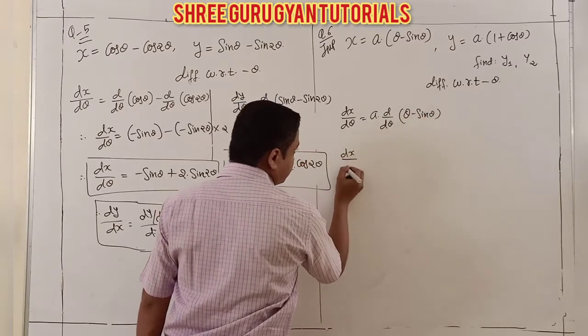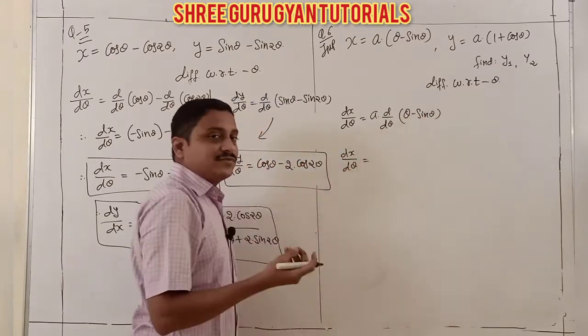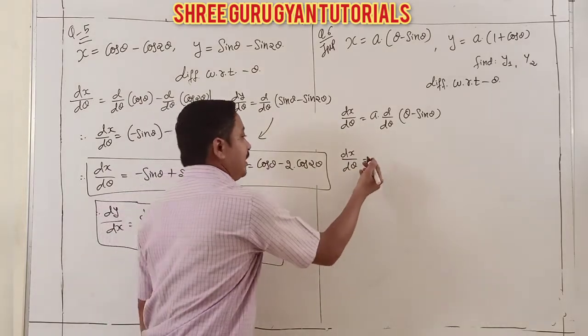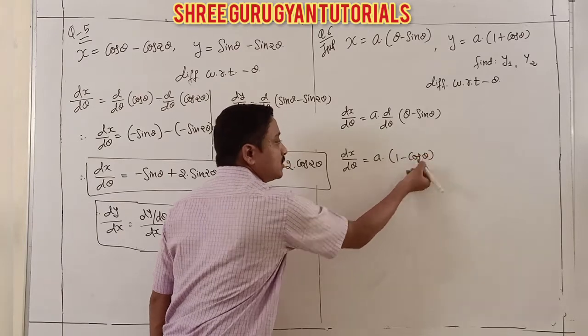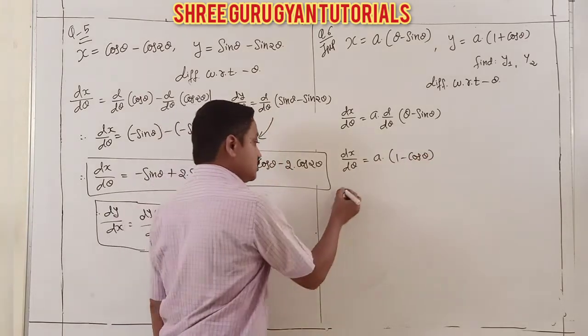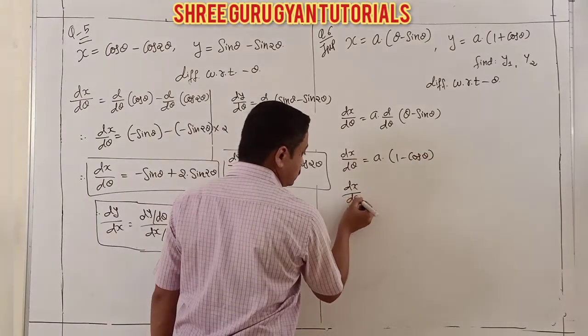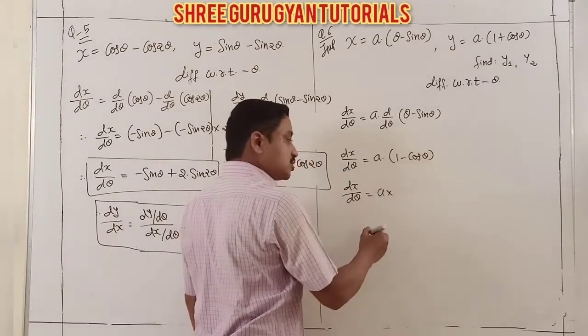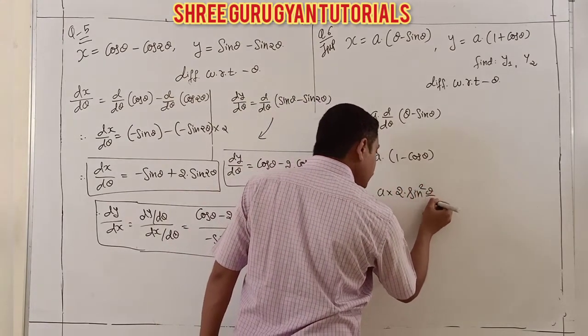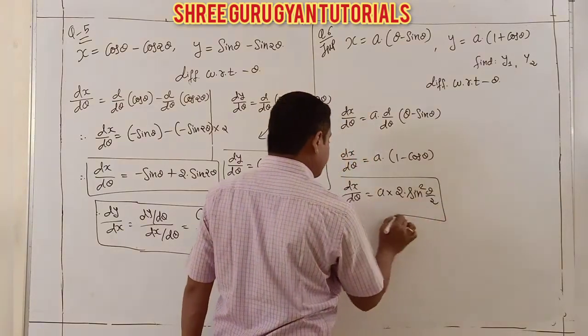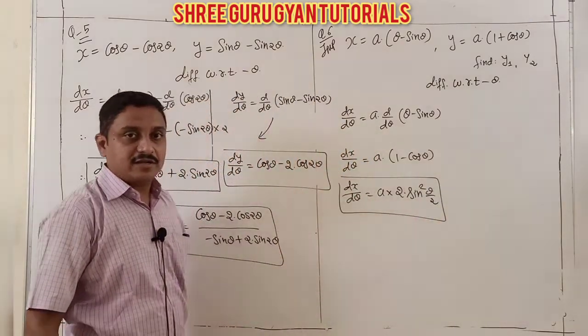What do we get? Yes, it's a very easy derivative. A is same as here, 1, and that is cos theta. Other also no new. What is 1 minus cos theta? 2 sin square theta by 2.